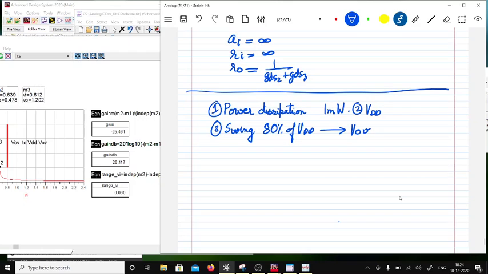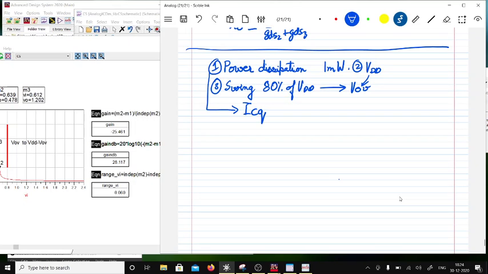So from here you got 80% of VDD, so you got your V overdrive, and from power dissipation you got your currents ID or ICQ. Okay, so V overdrive would be equal to square root of twice of ICQ over mu n Cox W by L.